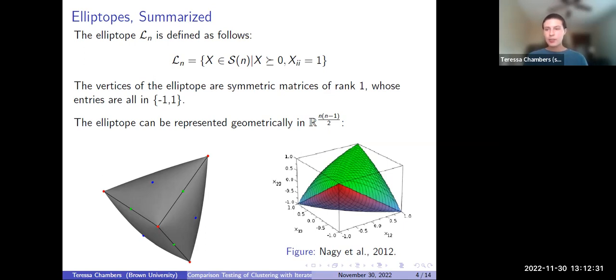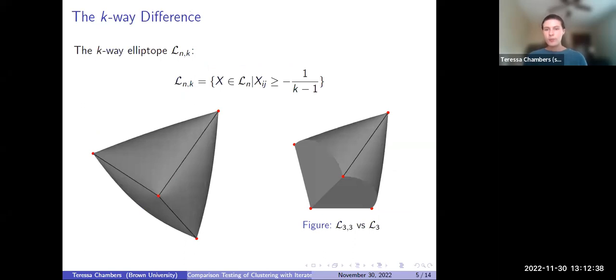All right, now before I tell you why we care about the elliptope, I'm going to make things a little more complicated. So we don't just care about the elliptope for our purposes, which I shall elucidate in a moment. We're actually really interested in a variant structure on the elliptope, which we're going to call the K-way elliptope. And the K-way elliptope is basically obtained by slicing off chunks of the elliptope using affine surfaces.